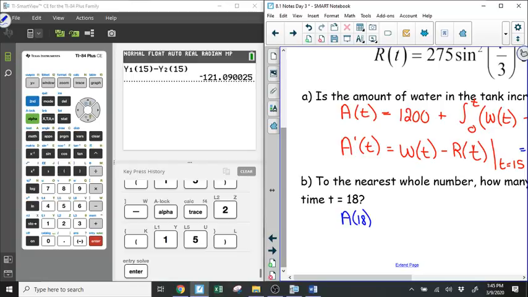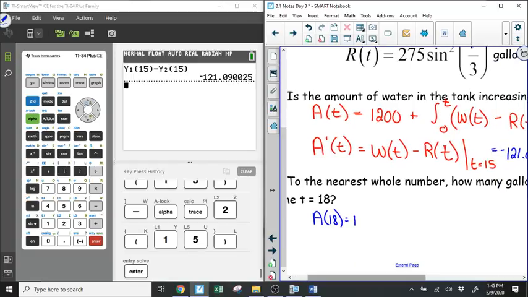If I were to write that out on paper, just using what we had above for our amount, we start at 1,200 plus however much is totaled up from what's put in versus what's taken out on the interval from 0, and this time specifically up to 18. Now notice I'm not going to plug 18 or 0 into the functions inside. The integral takes care of that for me, right? So this is still w of t minus r of t dt. Don't forget your variable of integration.